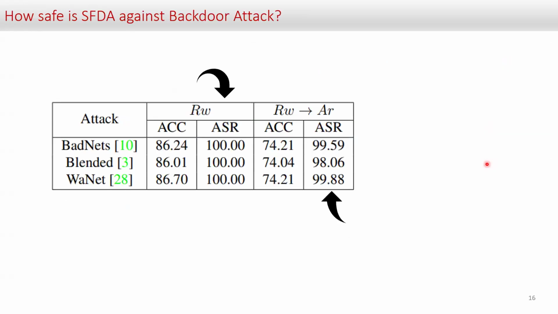Based on these assumptions, we attack the source model using backdoor attacks, in three popular forms. The result is obvious: all of the attacks get a 100% attack success rate on the source dataset.